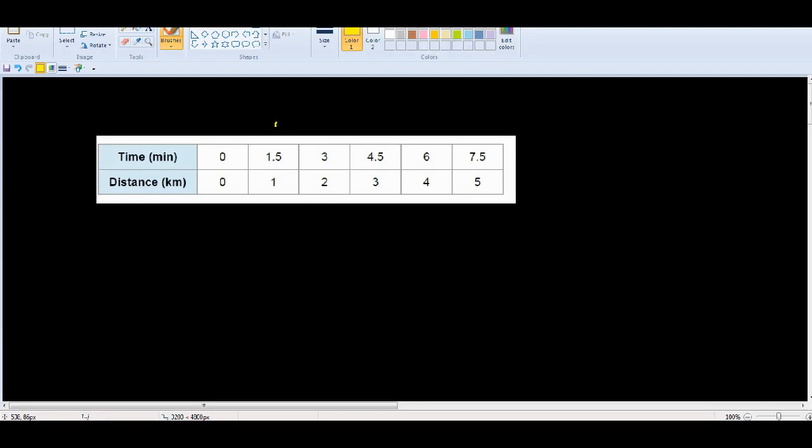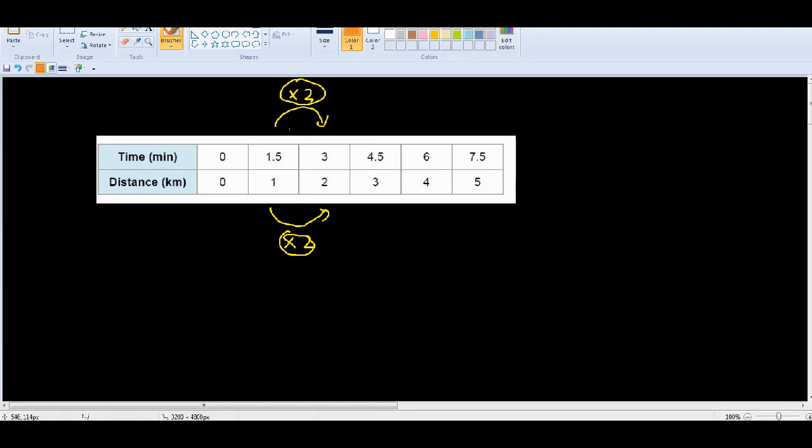One way of doing this: 1.5 times 2 gives you 3, and at the same time, if you consider the distance covered, it would be the same, like from 1 to 2 is times 2. So you see the factors will be the same. That's what we call direct proportion.